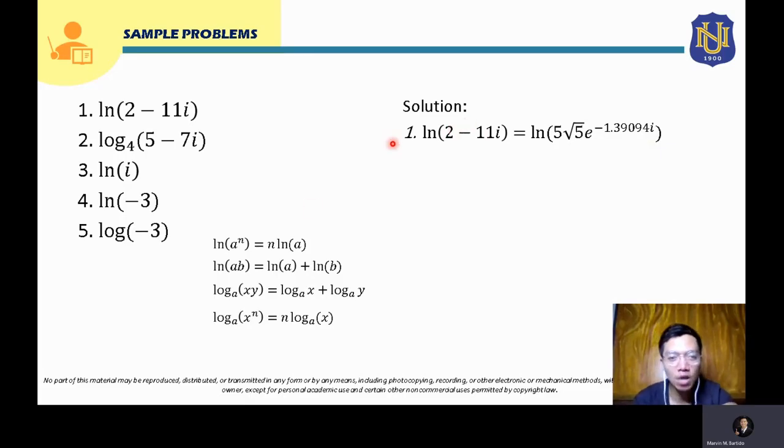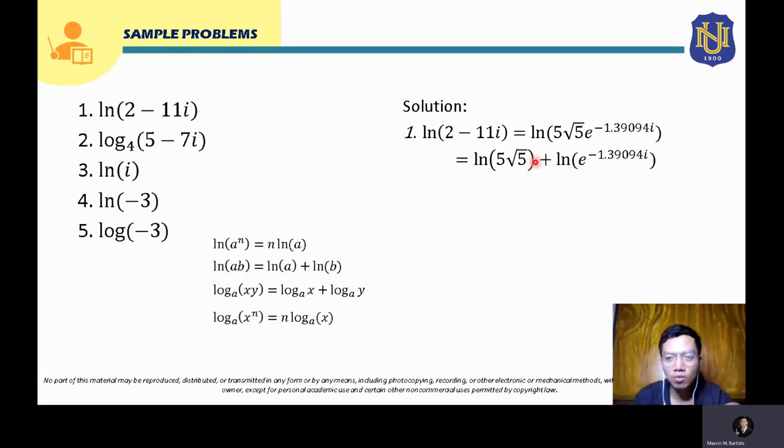From here, we can now apply the law for logarithm, which is the natural logarithm of a product. This is a product of 5 times square root of 5 and e raised to negative 1.39094i. Applying this, it becomes ln of 5 times square root of 5 plus ln of e raised to negative 1.39094i.